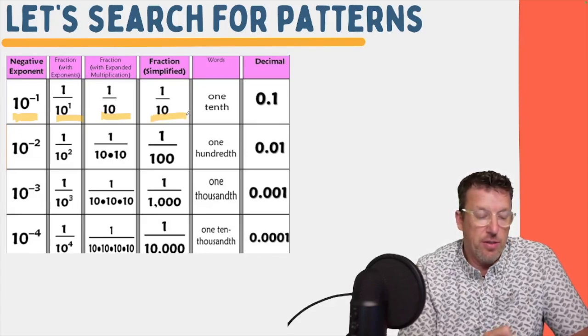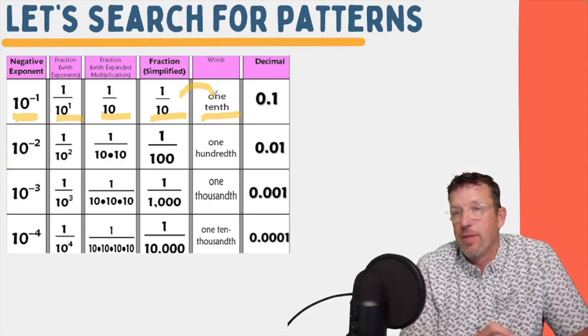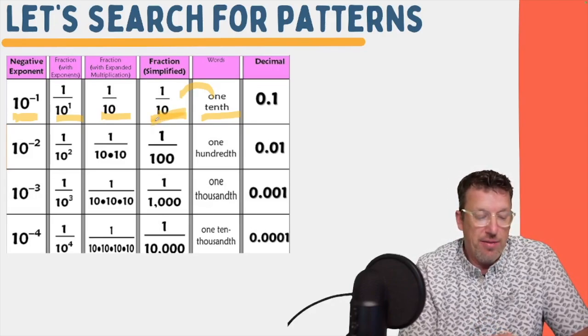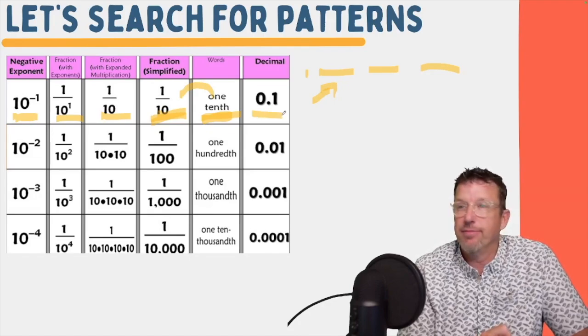We put it into words, 1/10. The reason we do it like this is because it helps you figure out where the decimal is going to go. Where does the 1 go? Remember we have place value. The first place right of the decimal is tenths, so 1/10 would be 0.1.